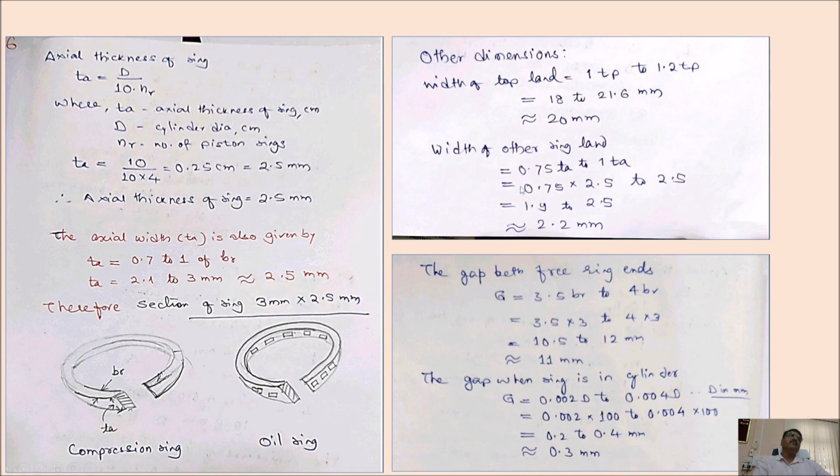That ring land width is given as 0.75 TA to 1 TA. TA is axial thickness, here 2.5. So 0.75 into 2.5 to 2.5, it is coming 1.9 to 2.5 millimeter. So let's take 2.2 millimeter.